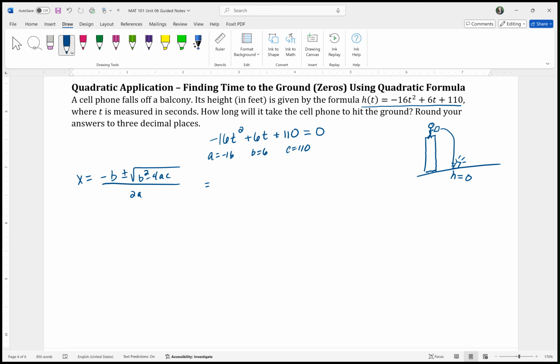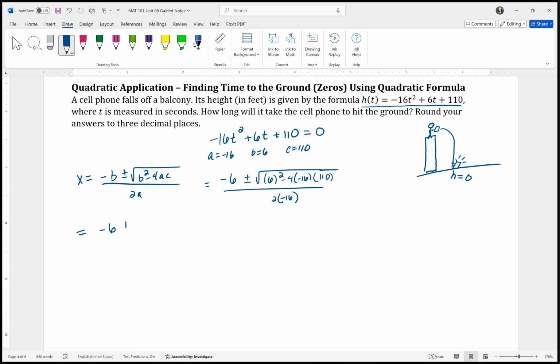Plugging in, we have negative 6 plus or minus the square root of 6 squared minus 4 times a, which is negative 16, times c, which is 110, all over 2 times a, which is negative 16. If you've seen my previous video on quadratics, we simplify under the radical first.